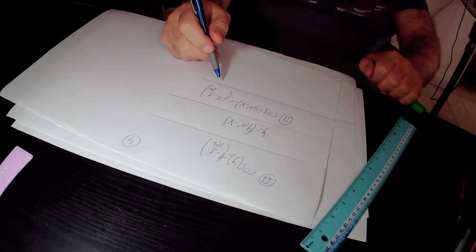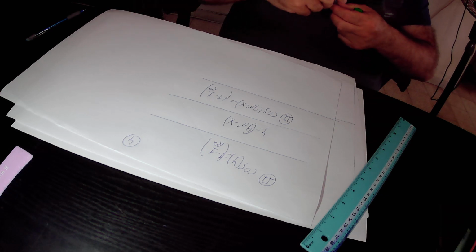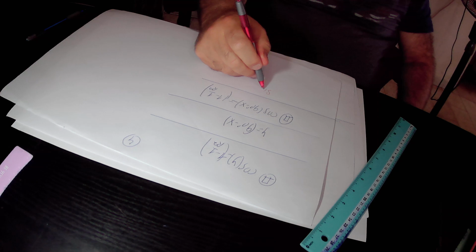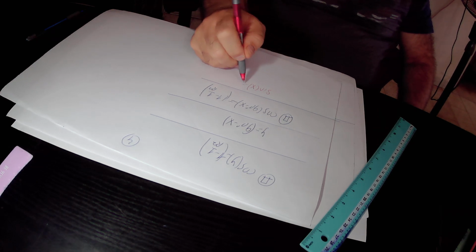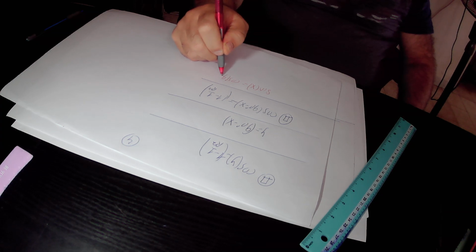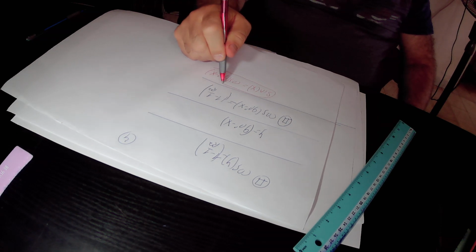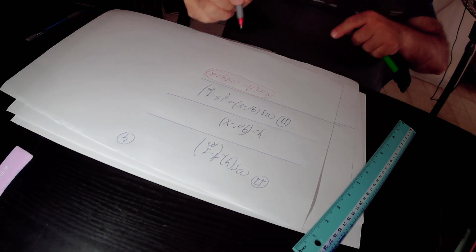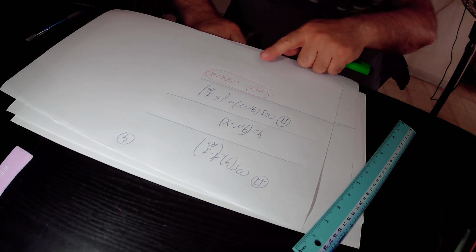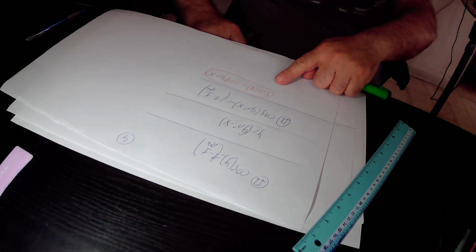We have the trigonometric identity that states that sine x equals cosine 90 degrees minus x. So according to this trigonometric identity, we can substitute cosine 90 degrees minus x in equation 2 by sine x.